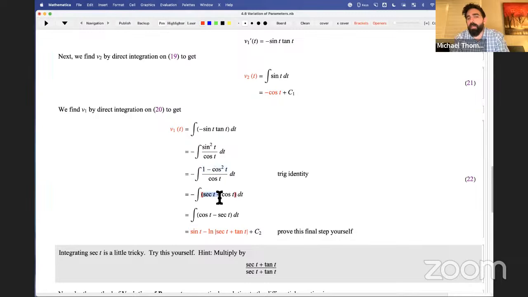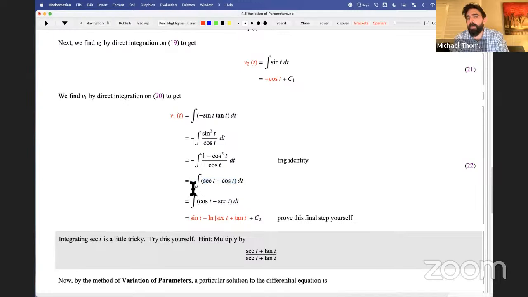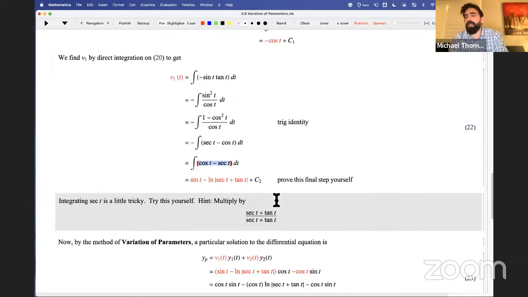We can break the rational expression down into two rational expressions. We can push the negative inside, which reverses their order. And then finally, we're down to something that seems reasonable. I think we can integrate cosine t. That one's pretty straightforward. That's just sine t.